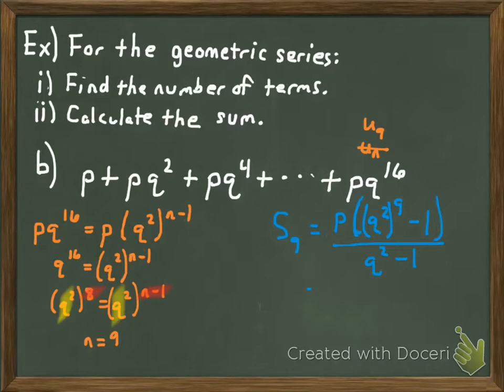All right, and then just do a little bit of simplification there, right? In the parentheses here, you're going to get q to the 18th power minus 1. And then if you distribute p, that will give you pq to the 18th power minus p over q squared minus 1.